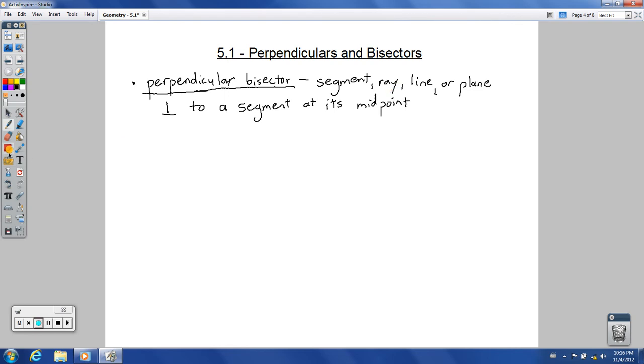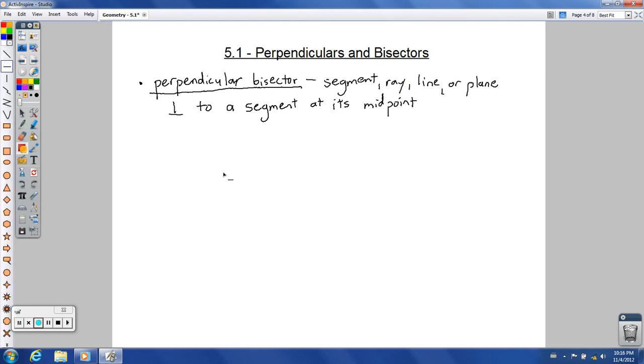So if I were to draw a segment, I'll do that right now, and I would say that I'm going to draw a line. In this case, that's a perpendicular bisector. So to me, halfway is right there. So I'm going to draw a line that cuts that in half. To make it a line, I'll put my arrows there.